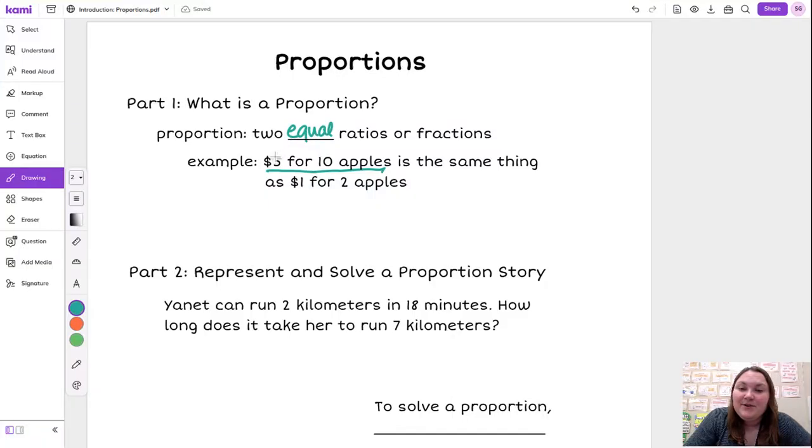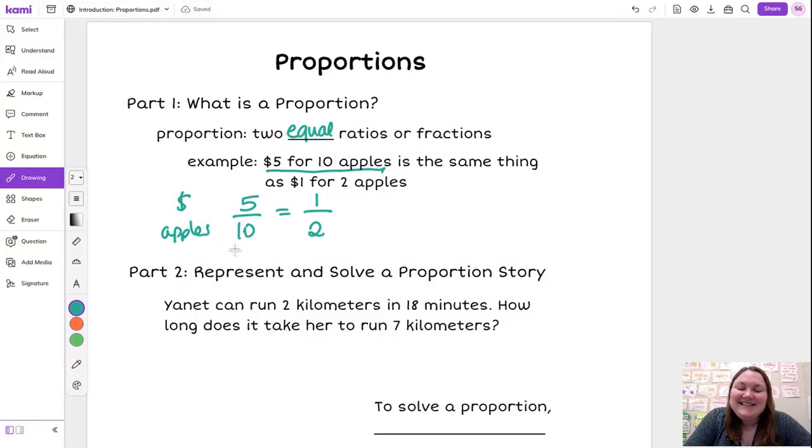And so for example, $5 for 10 apples, that's dollars and apples. That's the same thing as saying, if you're paying $5 for 10 apples, that means you're paying $1 for every 2 apples. And so notice those two fractions I've written are equal fractions.